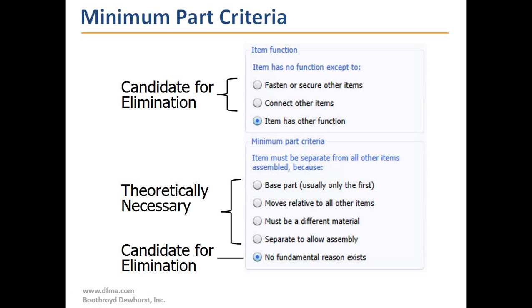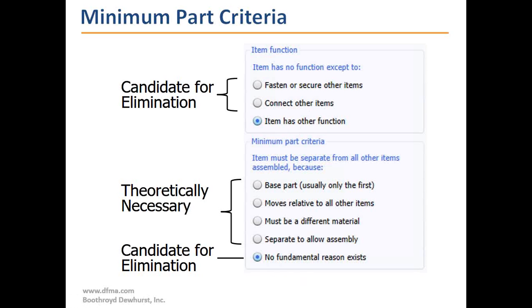So what's happening here, and it's a little bit subtle, is anytime you add a part to an analysis, we automatically assume that it's not required, right? Just by the defaults here, that it has some other function and no fundamental reason exists why it needs to be separate. You have to justify to us why that part needs to exist in your design by selecting one of these criteria.